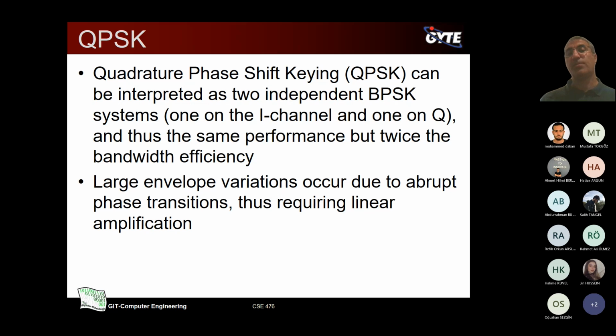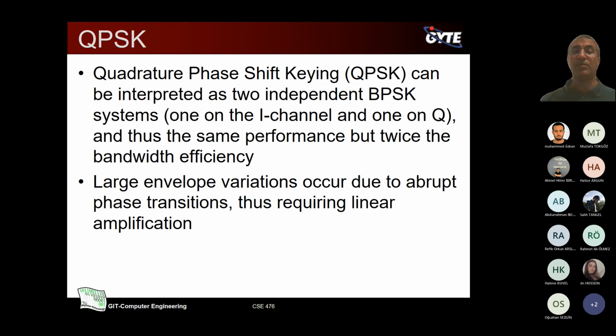One of the most popular modulation types is QPSK, which stands for quadrature phase shift keying. It is simply two independent BPSKs, one of them on the I in-phase channel, the other on the Q channel. So it has the same performance but twice the bandwidth efficiency.